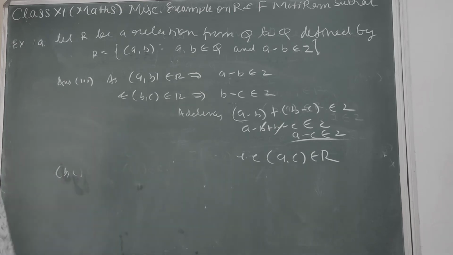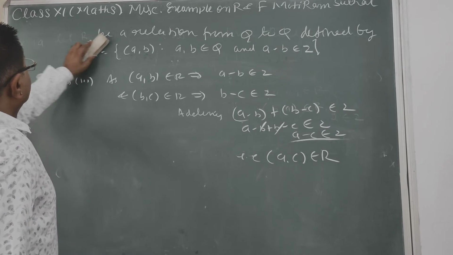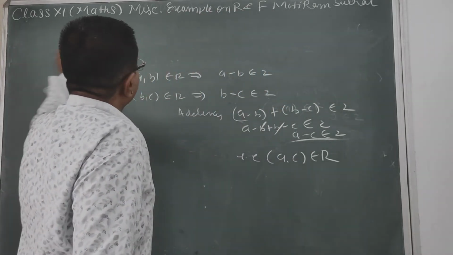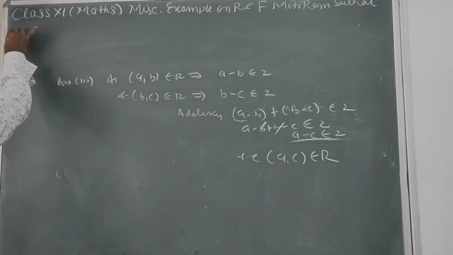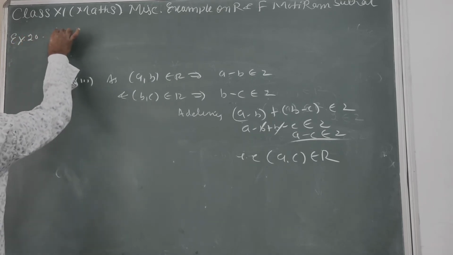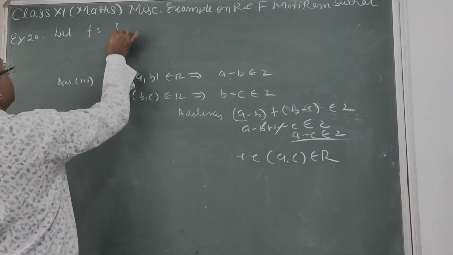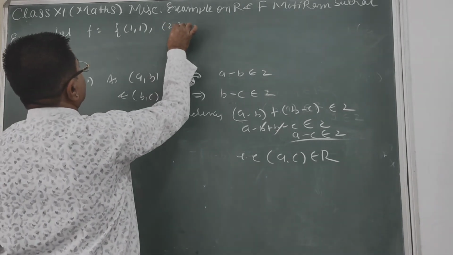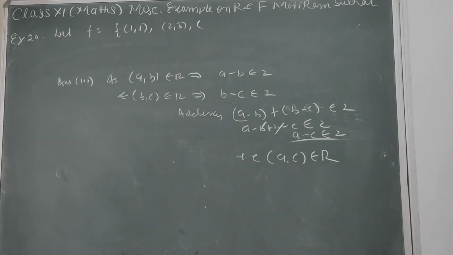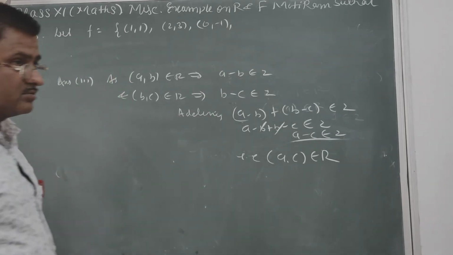Now see, example 20 we discuss. It says let f equal to curly brackets, ordered pairs (1, 1), (2, 3), (0, minus 1), (minus 1, minus 3).